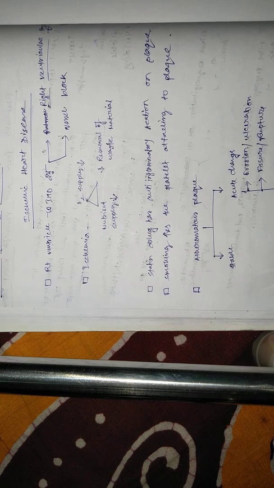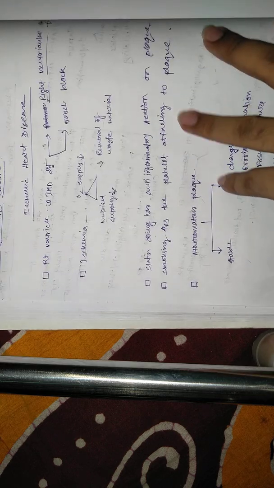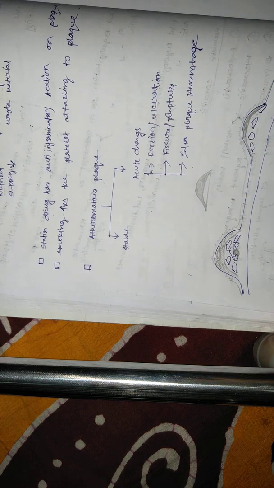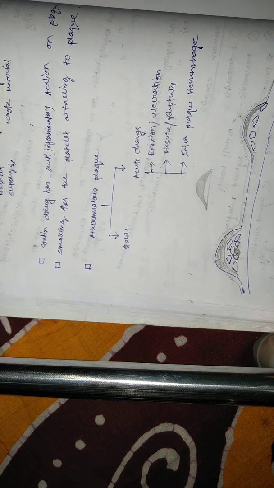Now I'm going to show you what is atheroma or atheromatous plaque. So atheroma means a lipid rich intimal lesion, right? Lipid rich intimal lesion. Now it may be of two types, one is stable and another is unstable.